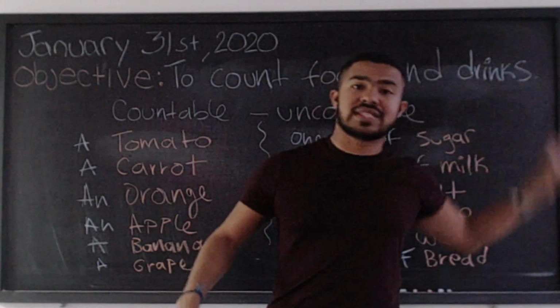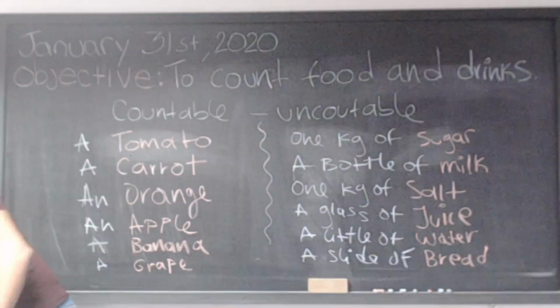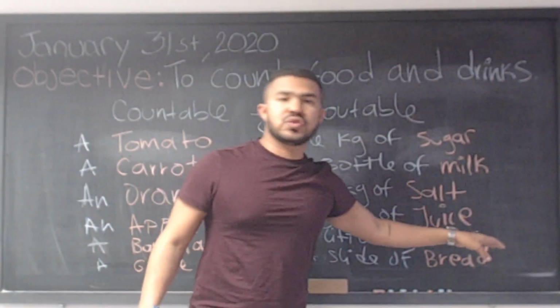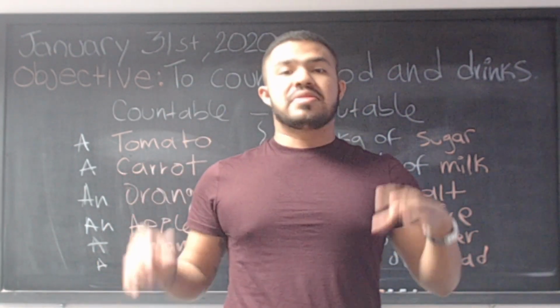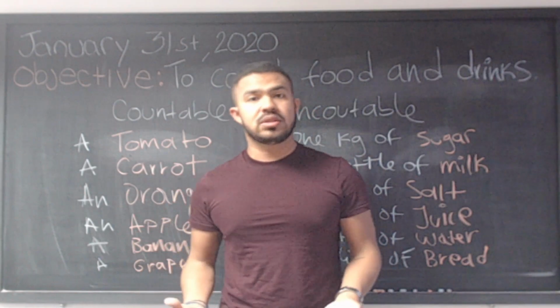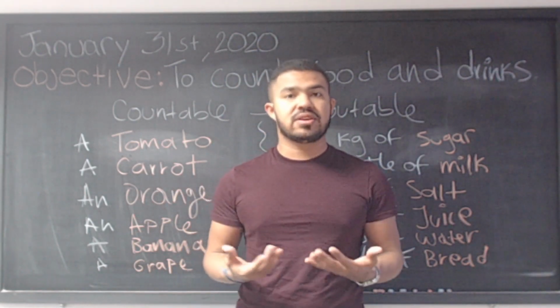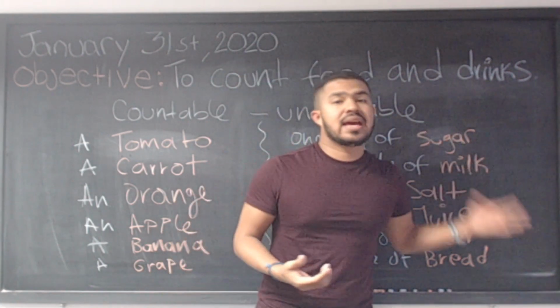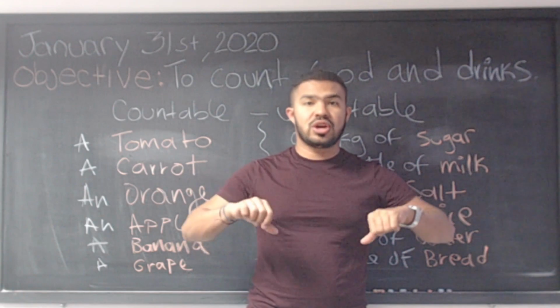On the other side, I'm going to turn on the light. On this side, we got the uncountable nouns. They are called uncountables because we can't count them with our fingers. In that way, I can't say 1 sugar or 3 sugars. That's not good.